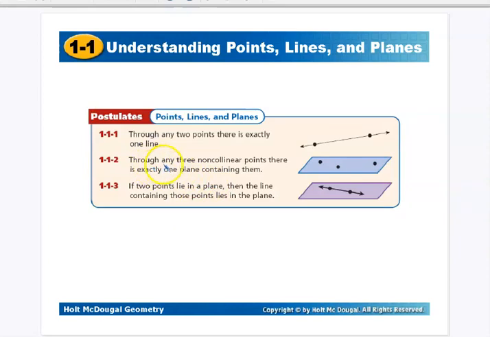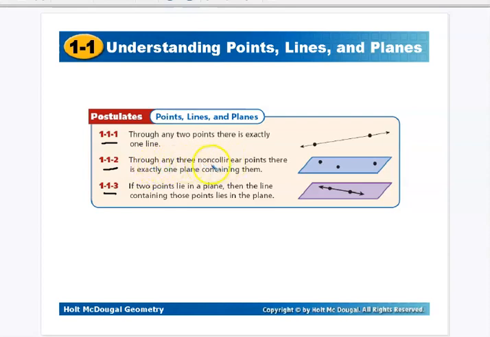So here's three postulates that we're going to be working with right away. They'll be named this way: 1-1, 1-2, and 1-3. Let's take a look at those. The first one, 1-1. Through any 2 points, there is one and only one line. One and only one line through 2 points. 1-2.